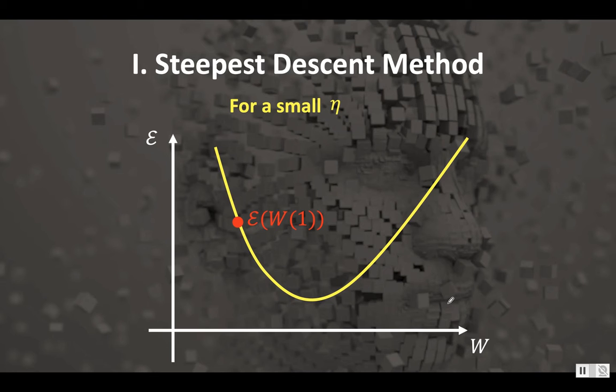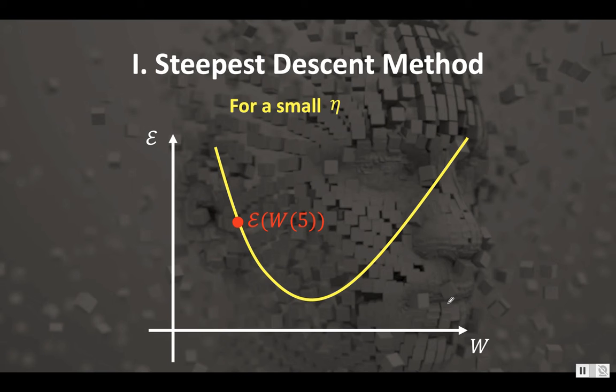In the steepest descent method, the constant eta plays an important role. So the selection of eta is very tricky and needs to be done very carefully. If the eta is too small, as we showed in this case, the update from each training data is too small.